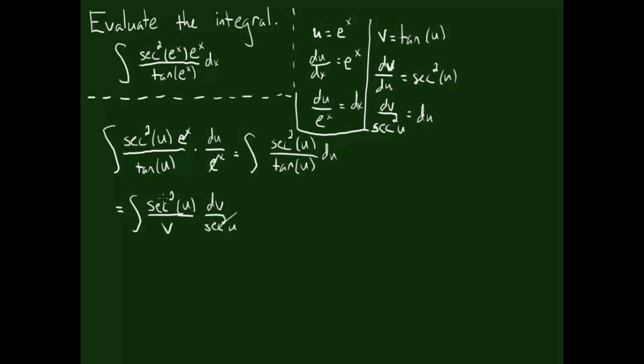The secant squareds are going to cancel, and we're left with just the integral of 1 over v dv. That's a v. In fact, let's go ahead and fix that. Okay. This is an easy integral for us to do. We know the antiderivative of 1 over v, it's natural log of absolute value of v.